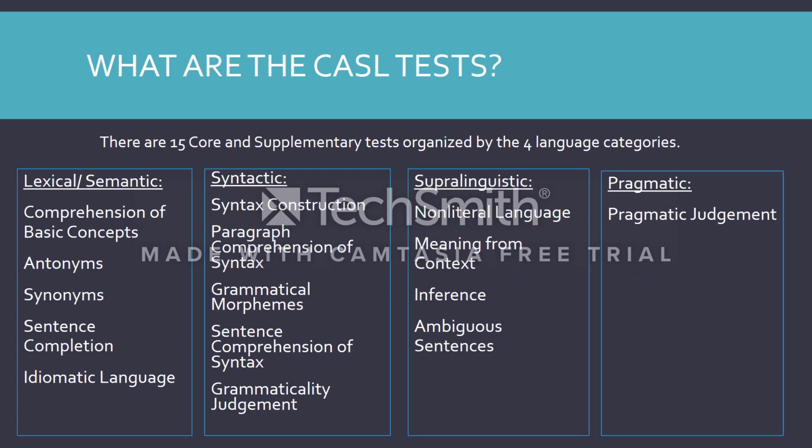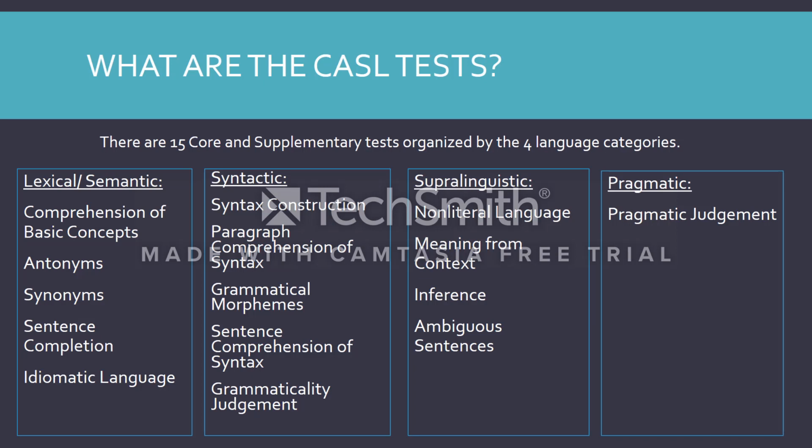So the 4 language categories have core and supplementary tests, and there are 15 in total. The lexical semantic category has the comprehension of basic concepts, antonyms, synonyms, sentence completion, idiomatic language.